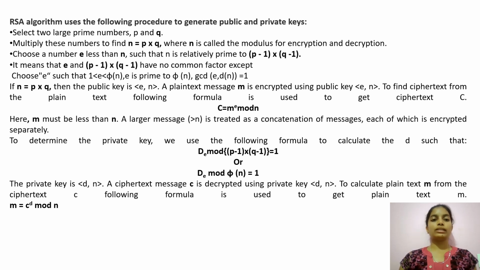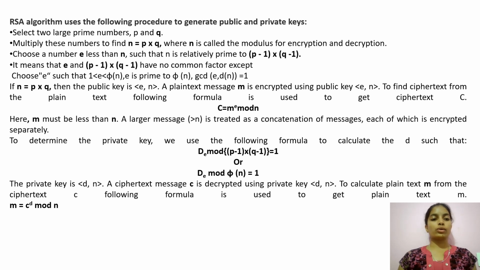Choose a number E less than n such that E is relatively prime to P minus 1 into Q minus 1. It means that E and P minus 1 into Q minus 1 have no common factor except 1. Choose E such that E is less than phi of n and E is prime to phi of n. So the GCD of E and phi of n should always be equal to 1.